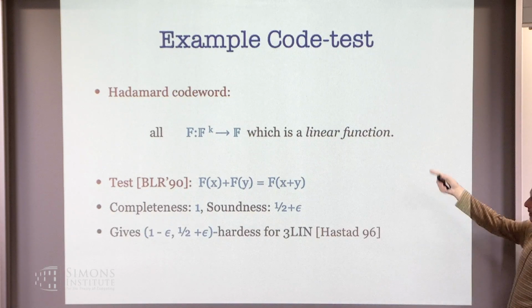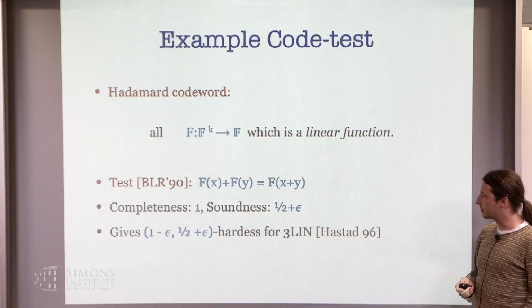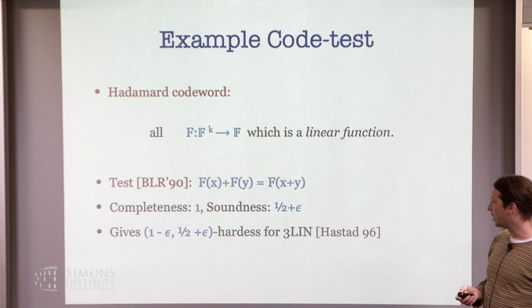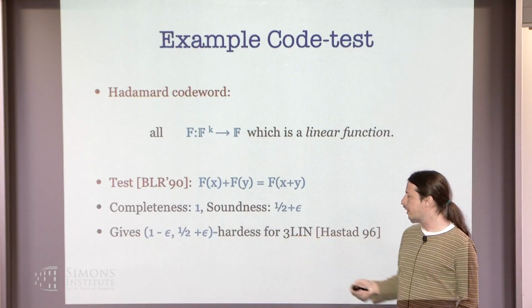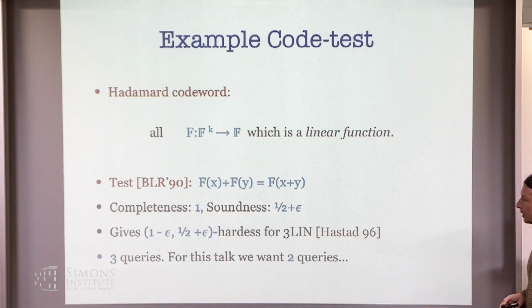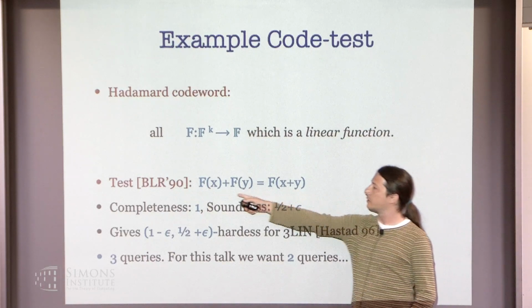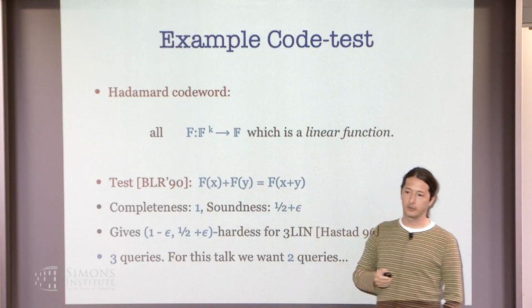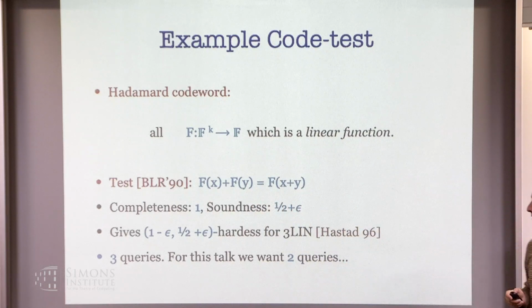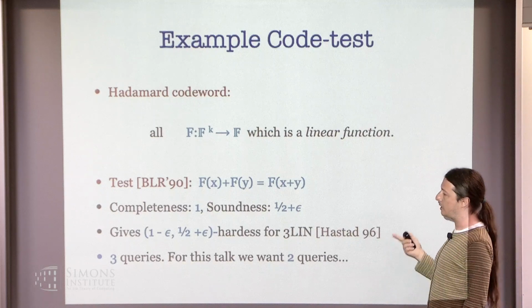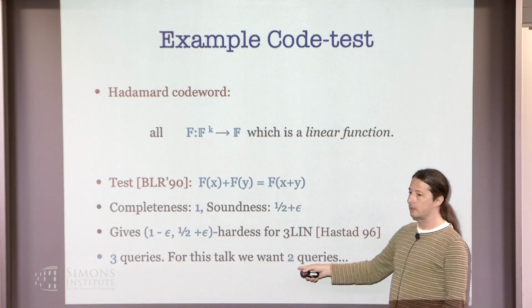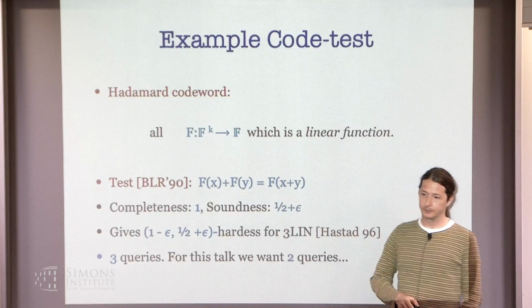Right, and building on this test, Hastad gets optimal hardness for linear equations with 3 variables in each. And this is a 3-query test, right? You check at x, at y, and at x plus y. And for getting 2-to-2 game hardness, we will need only 2 queries.